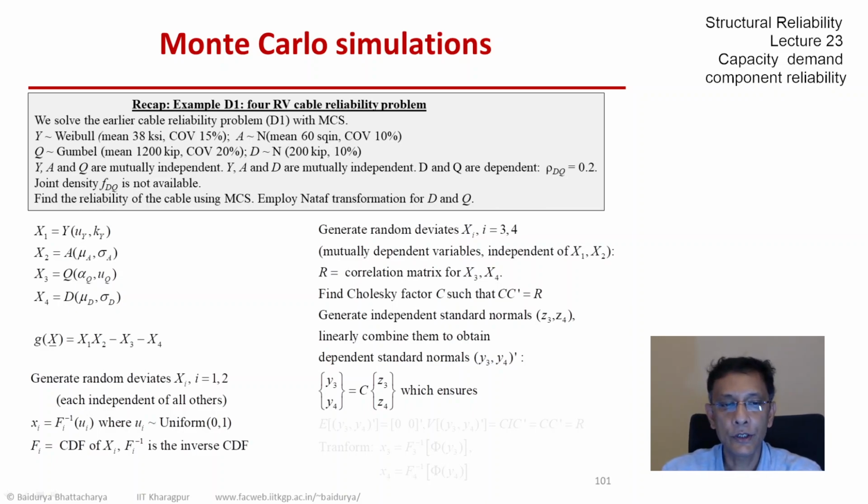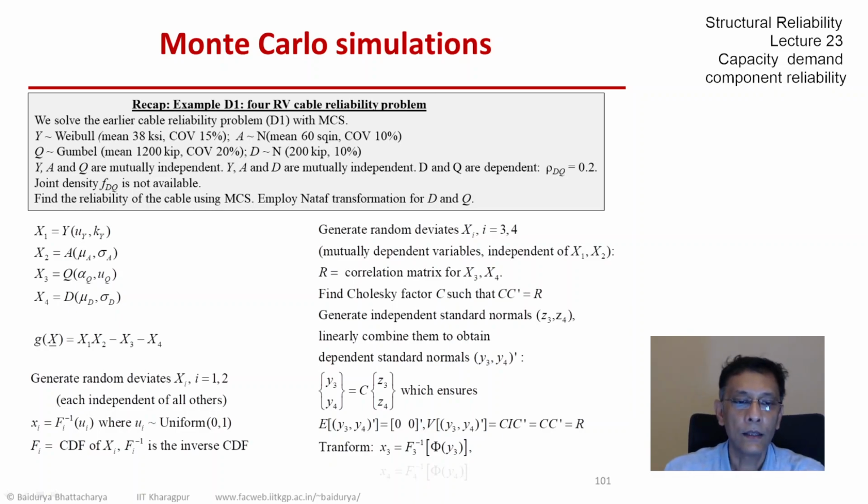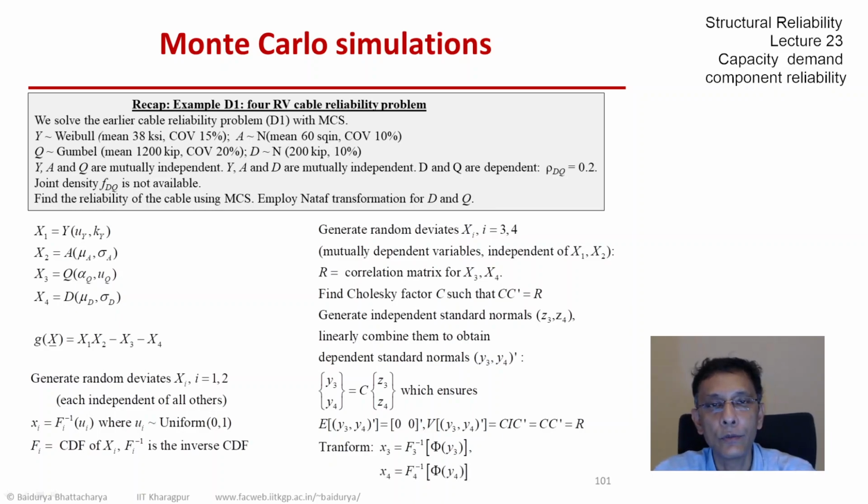And just to make sure that this way we get the mean of Y3, Y4 as 0, and the covariance of Y3, Y4 is R. And then we do an inversion of Y3 to X3 and Y4 to X4. This way we ensure dependence between X3 and X4.